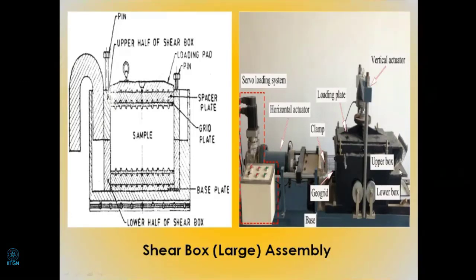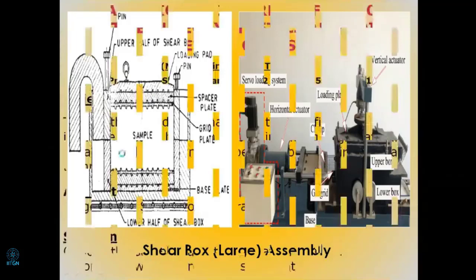We have to put a wooden block at the bottom and then put the geotextile over it. Then you have to fill the required soil. Then we shear it through the horizontal actuator, and we note how much friction is coming.